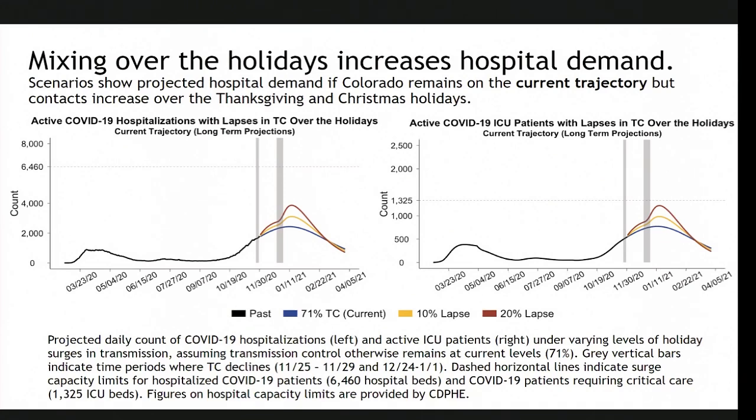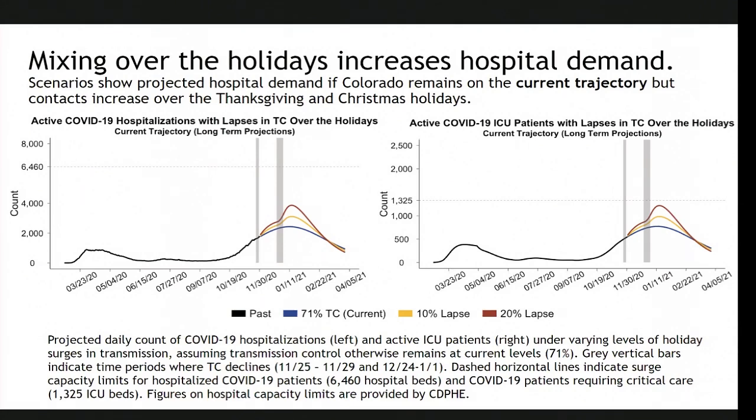And what you can see is that if we stayed on the current trajectory with no lapse, we're in the darker curve at the bottom that does not bump up. On the curves for hospitalization on the left and ICU on the right, showing the number who would be in hospital or in the ICU, you can see those bump ups that take place with holiday-related lapses of control.